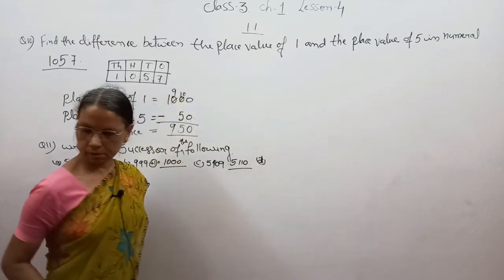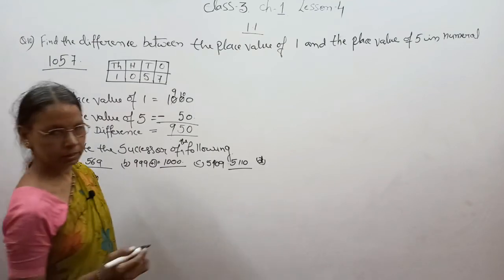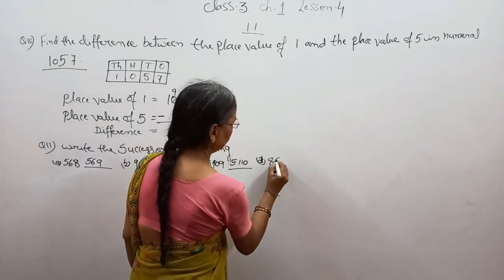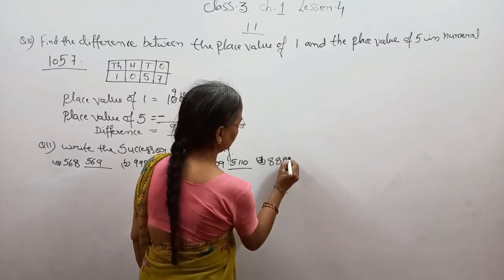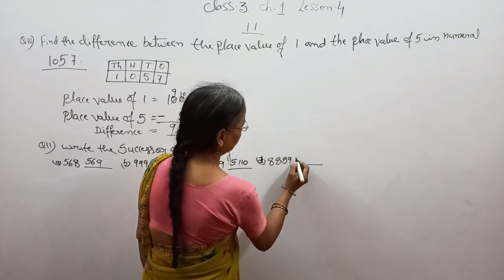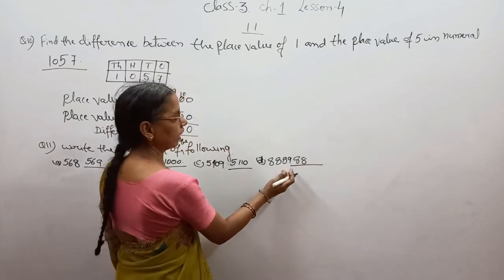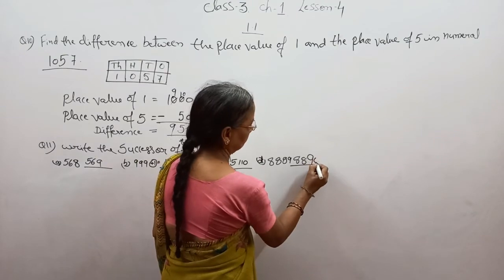Likewise, the fourth one, 8889. After this number we have the same, that is 8890. After 89 it will be 90.